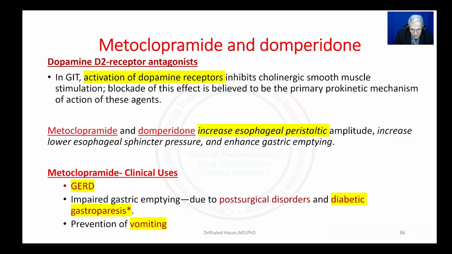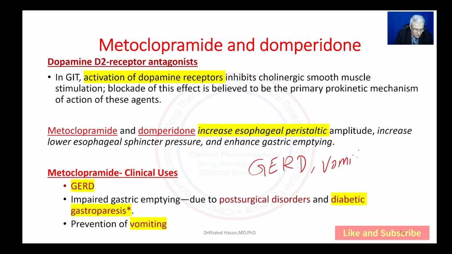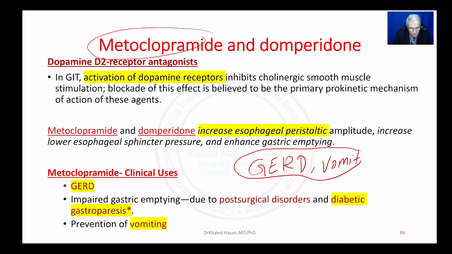Two medications are among the most important for GERD and also for vomiting: metoclopramide and domperidone. This group of medication is considered dopamine antagonists.